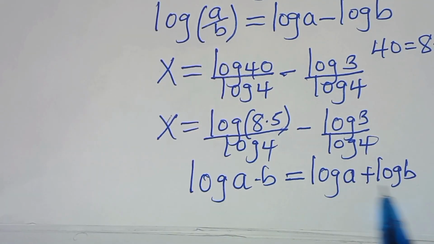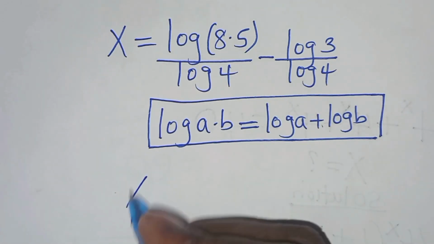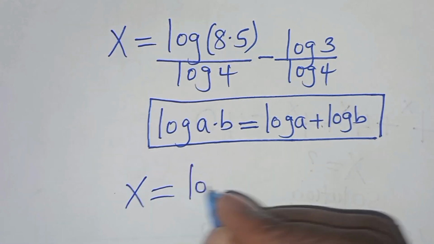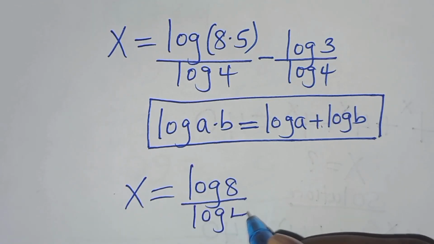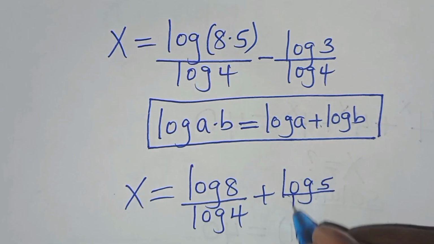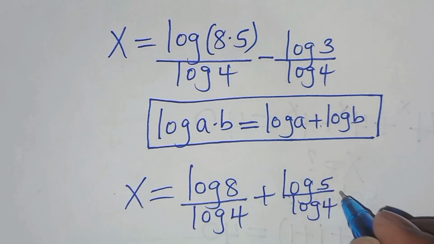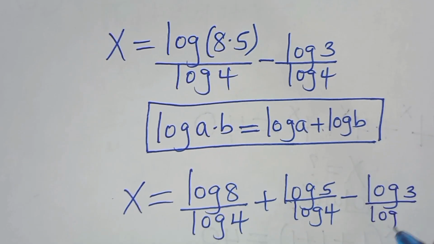Applying this logarithm property, then here we'll have x equal to log 8 divided by log 4 plus log 5 divided by log 4 subtract log 3 divided by log 4.